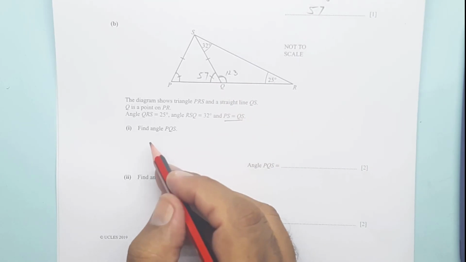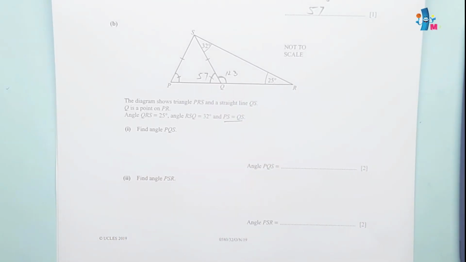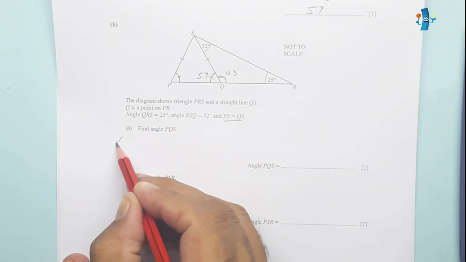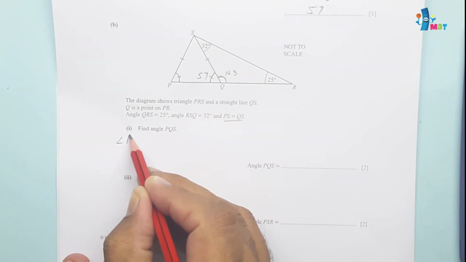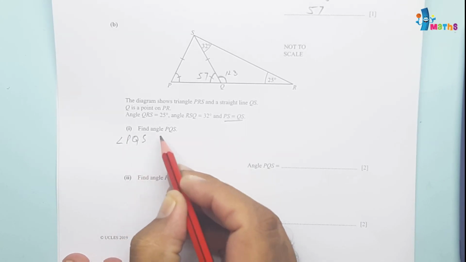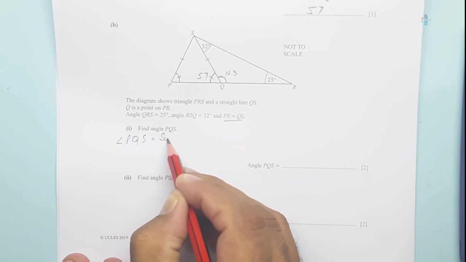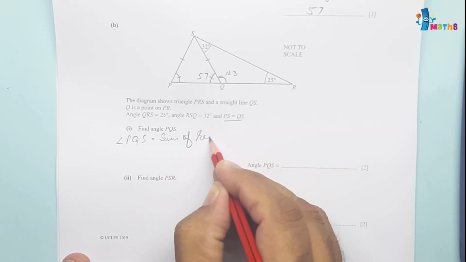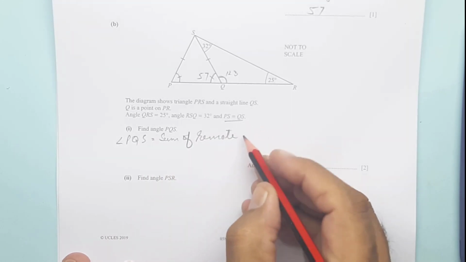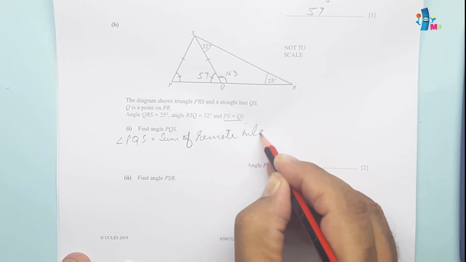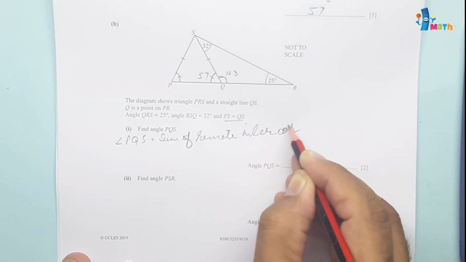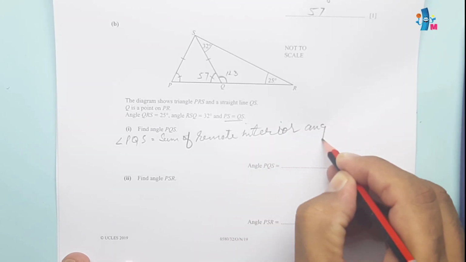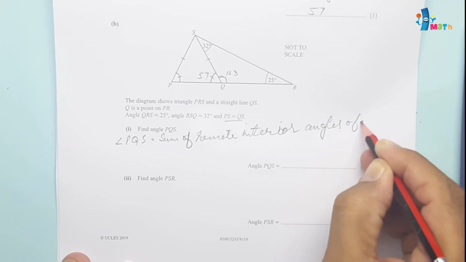So I will write that rule also, and that rule is angle PQS is equal to sum of remote interior angles of a triangle.